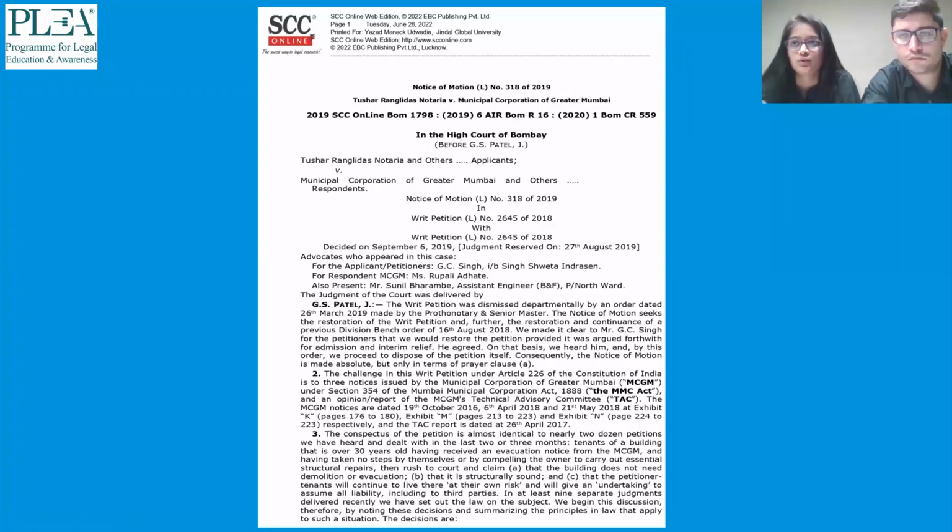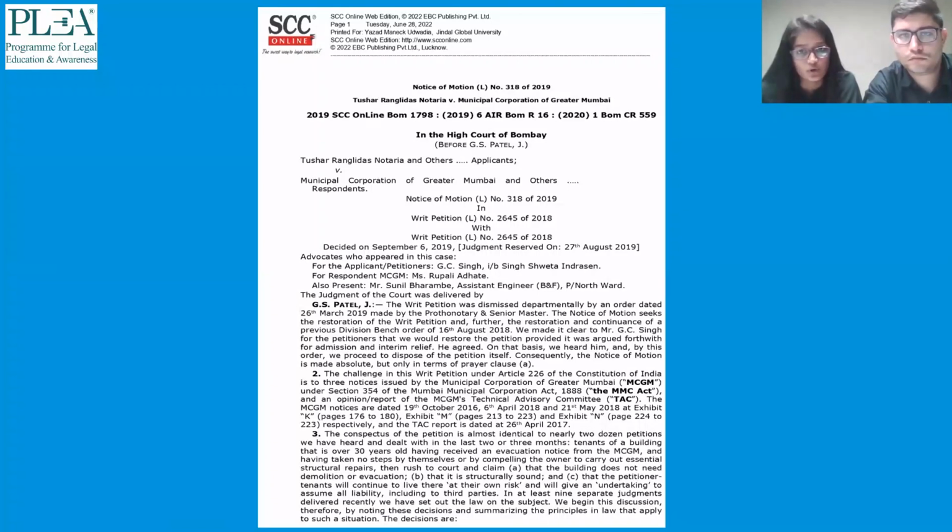If supposing you do not have access to Manupatra or Supreme Court Cases online, then you can probably go to the High Court library or any library where all the books are available. And if you see the second citation, AIR, All India Reporter, the first element is the year 2019.